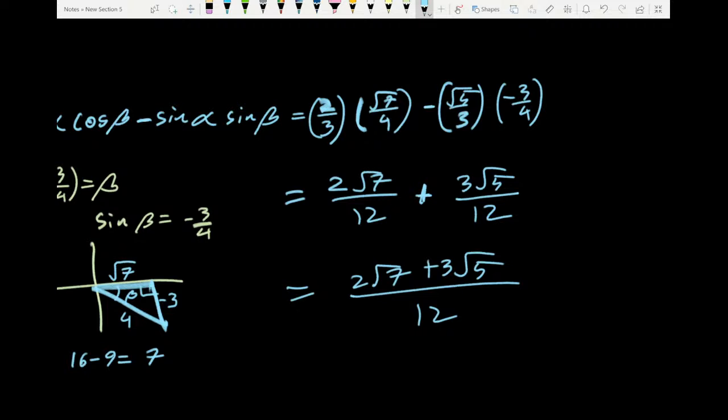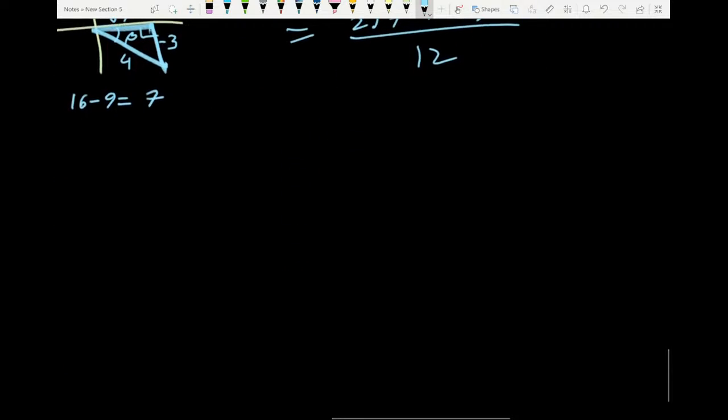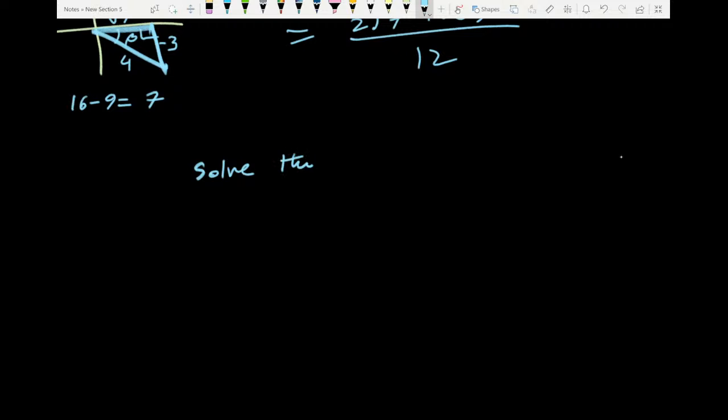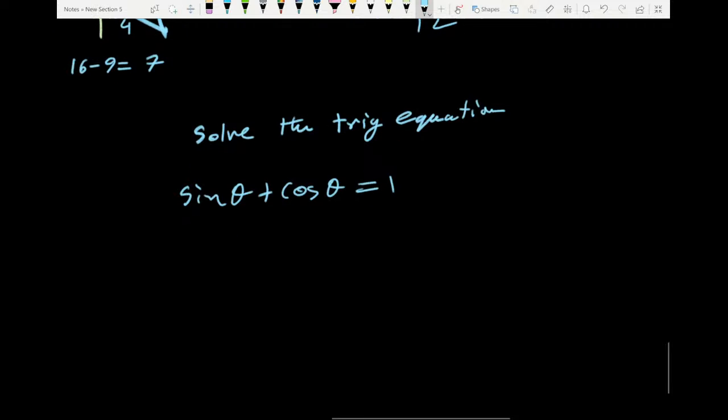So let's look at another problem. Solve the trig equation. So I have sine of theta plus cosine of theta equal 1. And I want to solve for theta, and theta is between 0 and 2 pi.